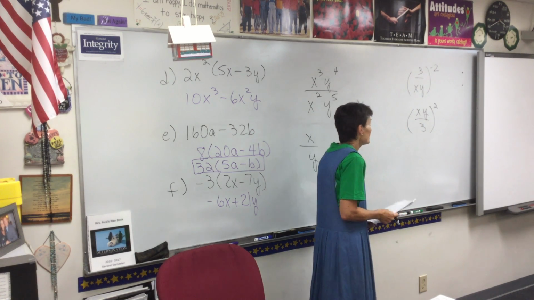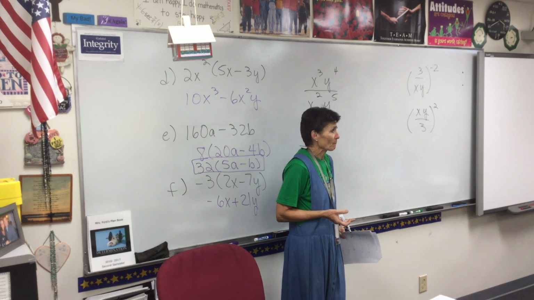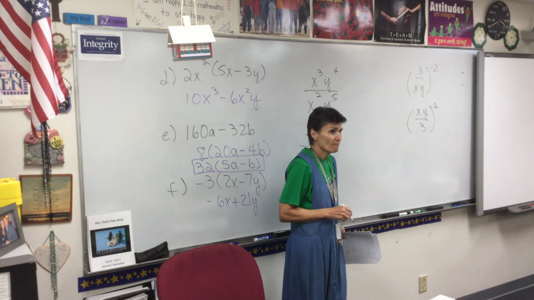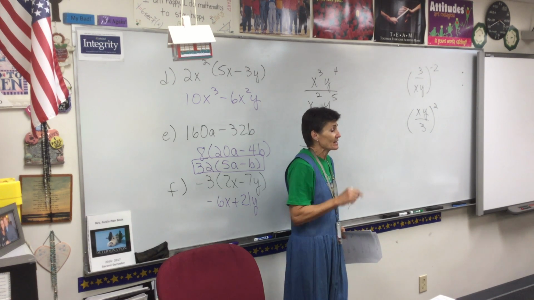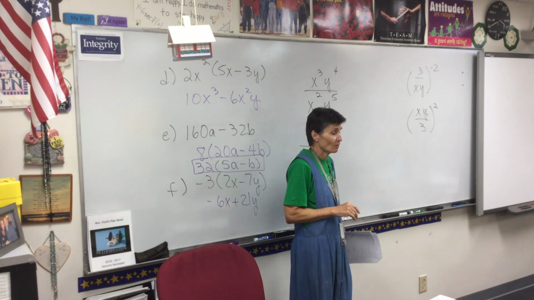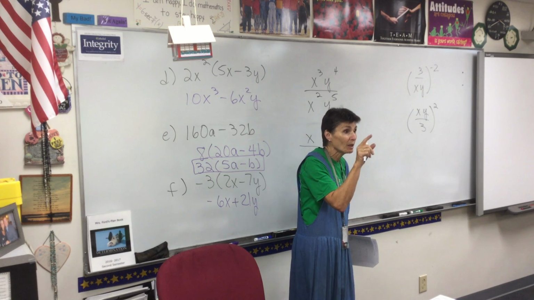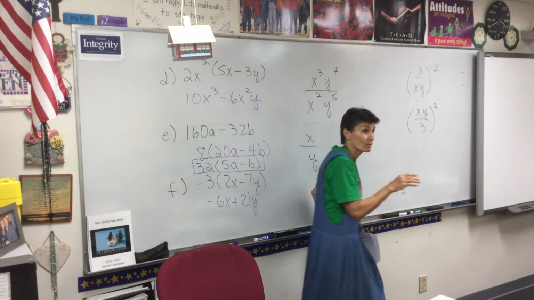exponent. Now, how do I proceed at this point? Jacob? Distribute the 2 to both. Yes, you're exactly right. Now, that's really not the right word, and some experts are going to be watching this video and saying, but that's basically what we're doing, applying that second power to everything.